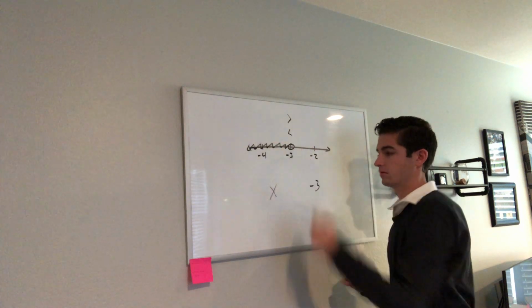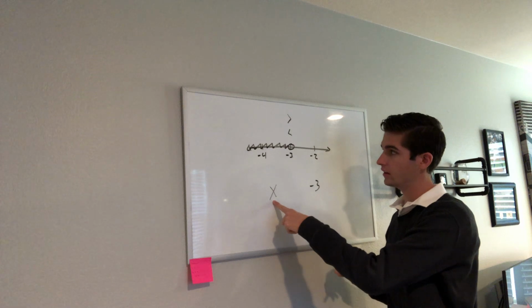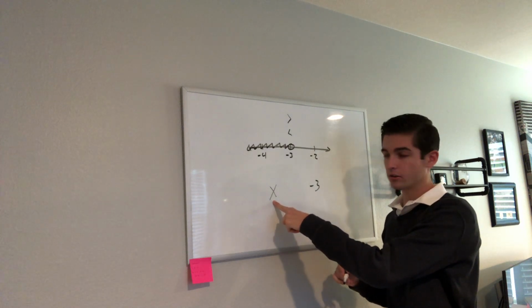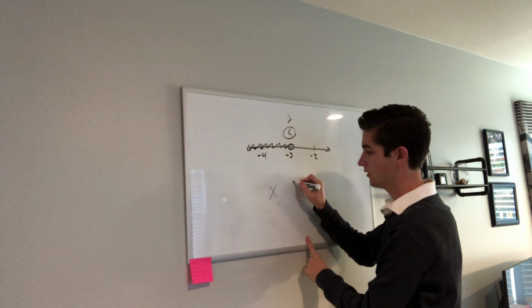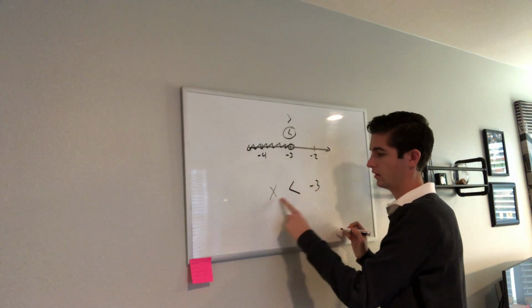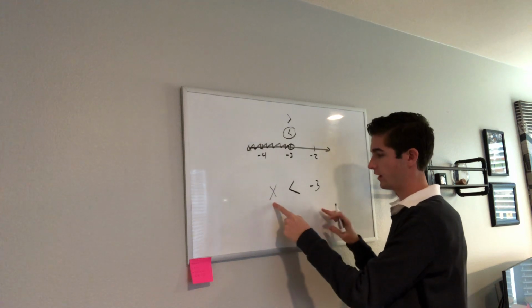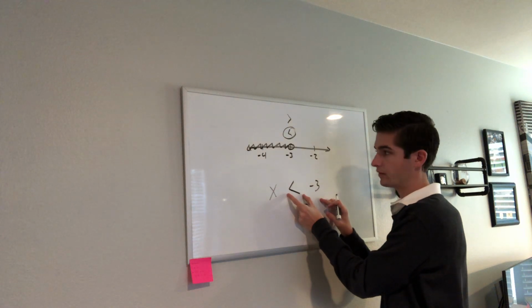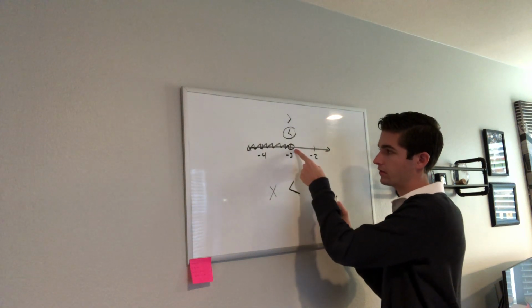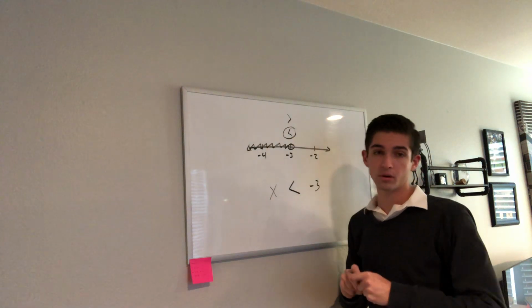It's one of these, right? But since we have x on the left-hand side already, we just have to point the arrow to x. So we know it's going to be is less than. So we have x is less than negative 3. Right? Start with an x, start with a 3. And then we have to determine the inequality symbol based off the color of the dot. And then point it at the x, or point it at the 3.